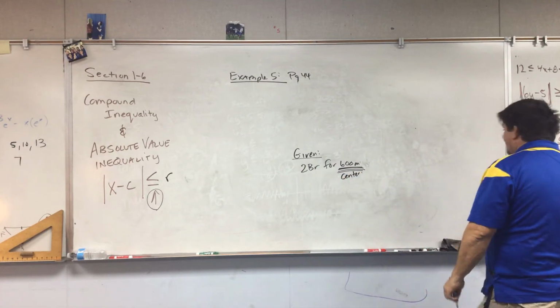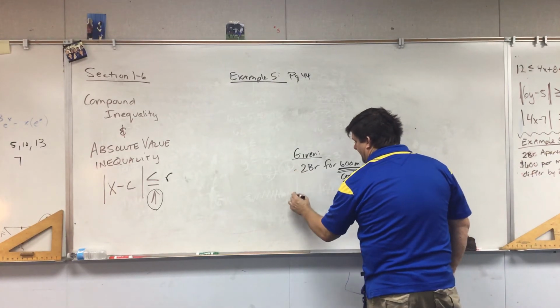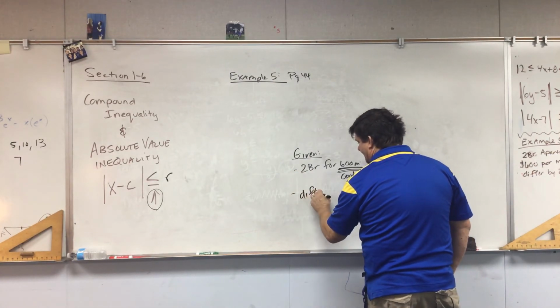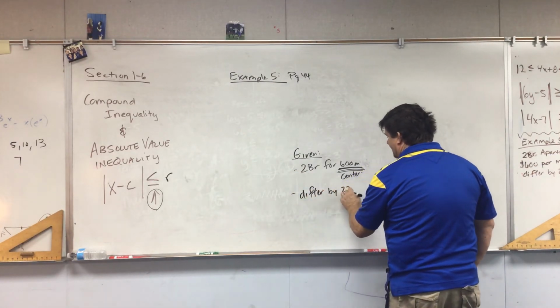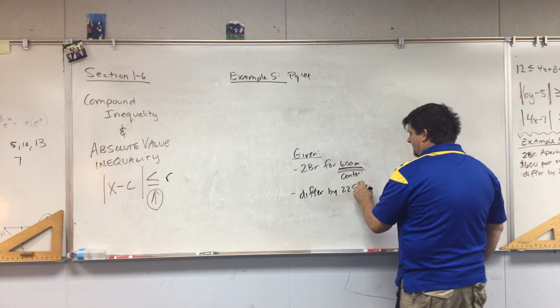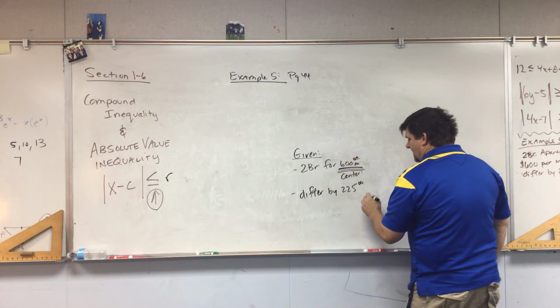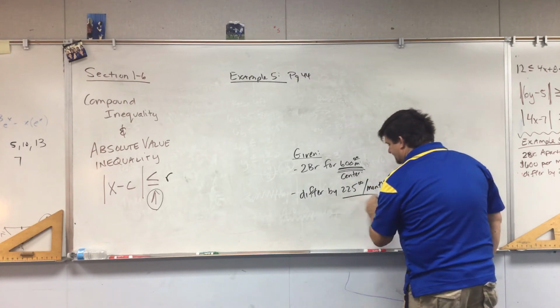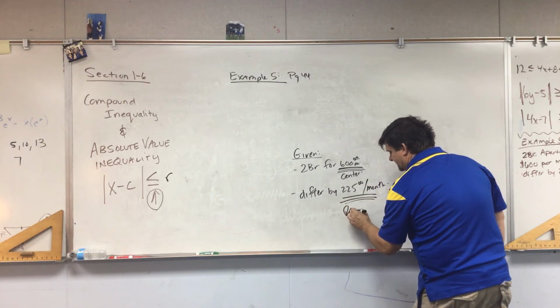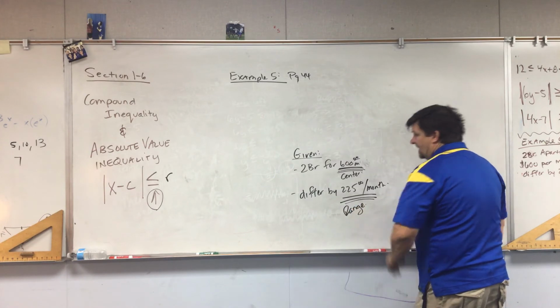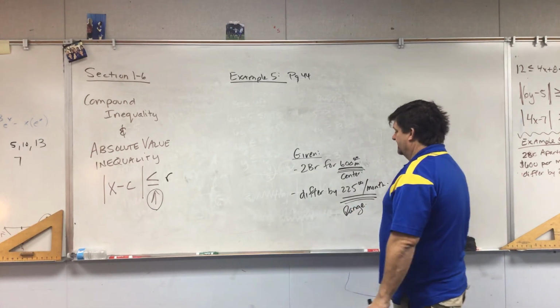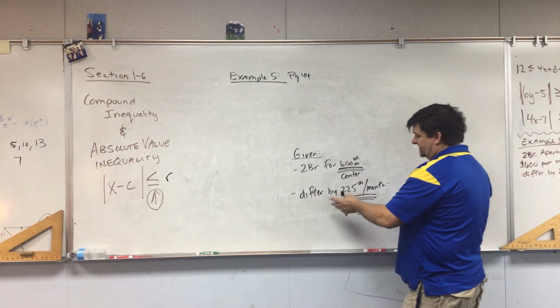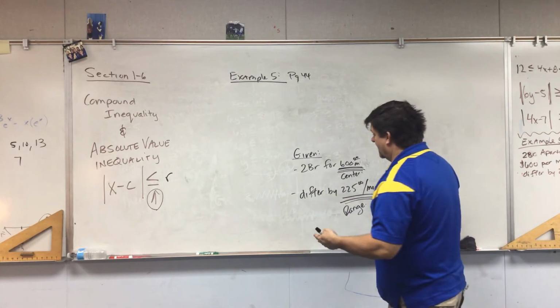But she also finds out that they can differ by $225 dollars per month. So this is my range. And they want us to find the max and the minimum, or the range of what an apartment costs.